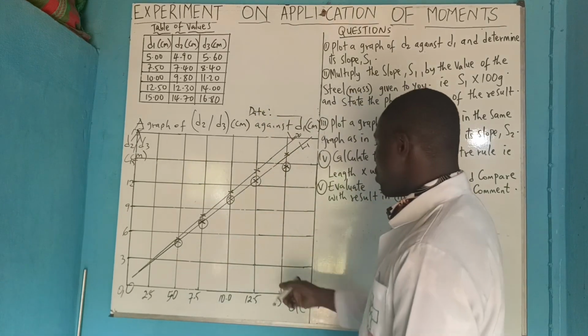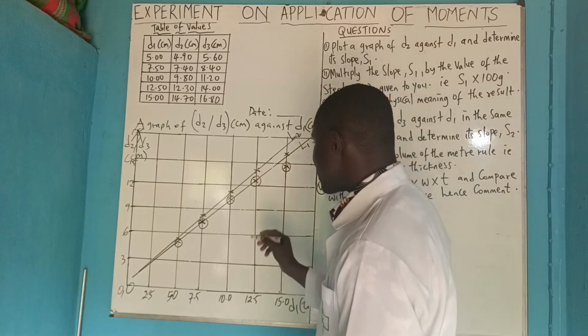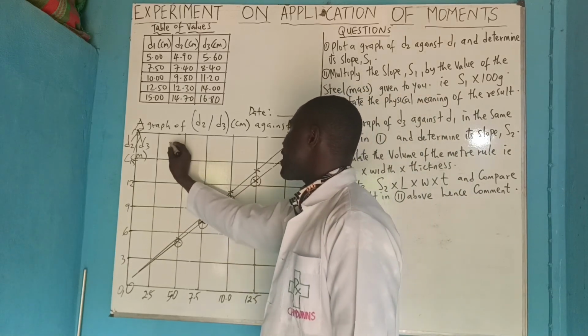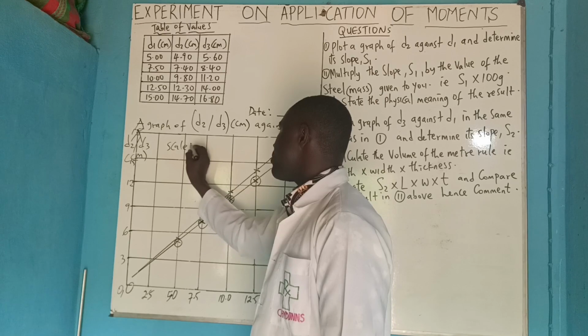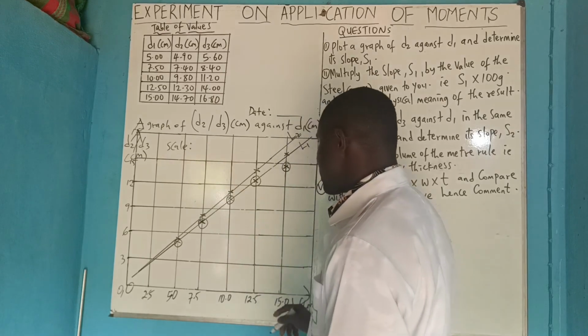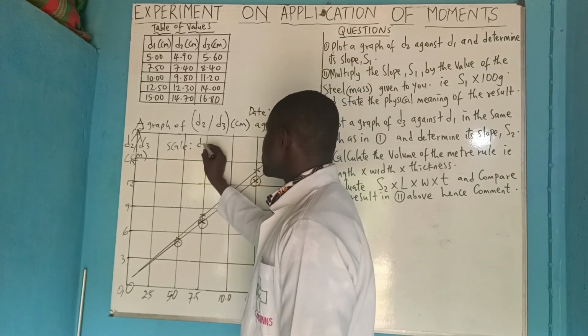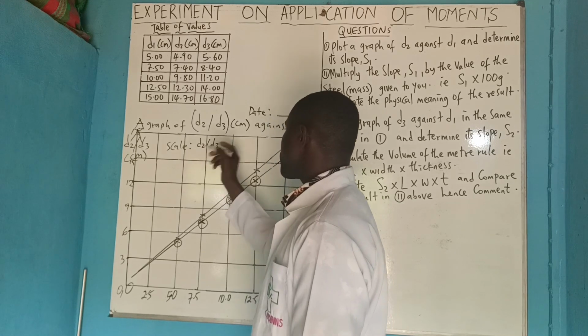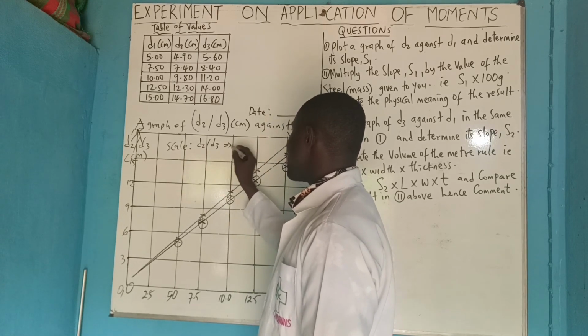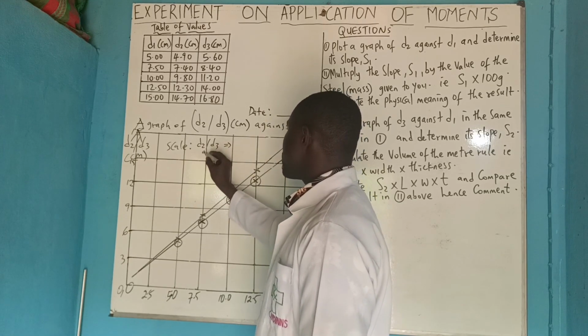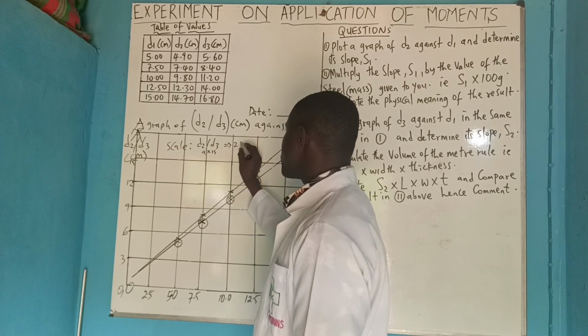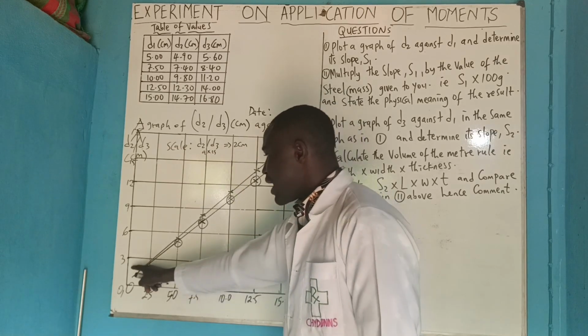Once you are done with this, ensure you indicate your scale. You can write your scale inside the graph, but let them be able to see it. On this vertical axis, we have 2 cm, which is that bigger box.